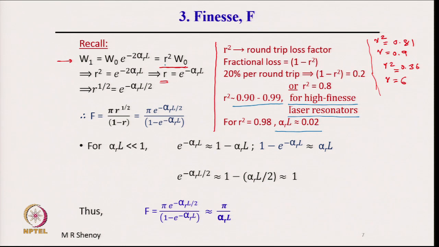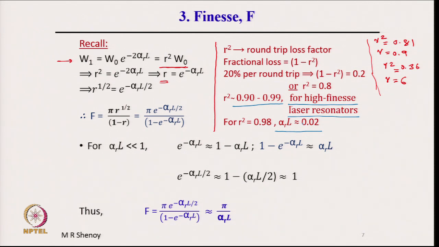I am linking here: r square is equal to e power minus twice alpha r into L. Therefore, r is equal to e power minus alpha r into L. If we substitute in this expression, we can get alpha r into L equal to 0.02. This is the kind of number that we have, because r square is very close to 1, so the exponent is close to e to the power of 0, which is 1. So, e to the power of a small number.